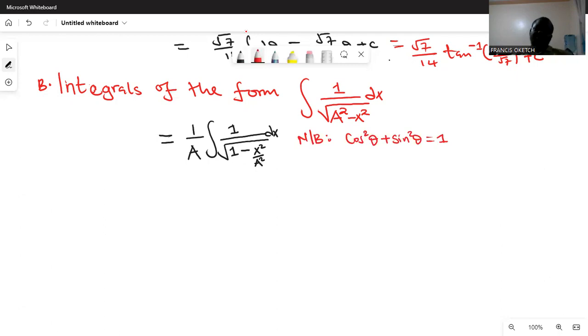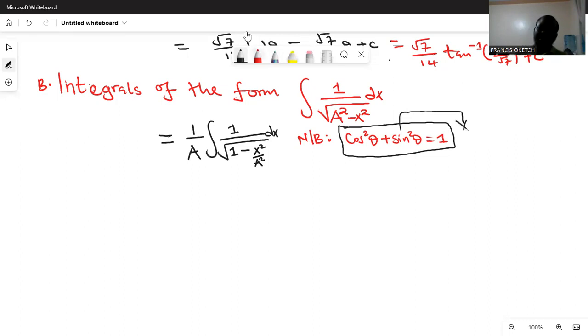I want this in the form of 1 minus something squared gives us another function squared. So you can take sine squared to the right hand side, or you can take cos squared theta to the right hand side.